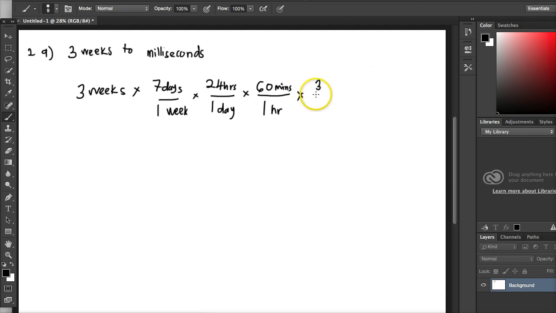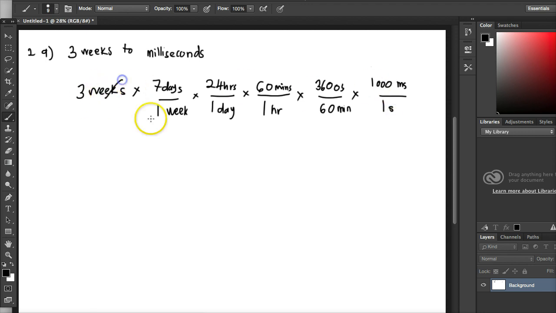60 minutes is equal to 1 hour, and we need to cancel out minutes. So 3600 seconds is equal to 60 minutes. And then what next? So we get second. Millisecond is 1000 millisecond is equal to 1 second.